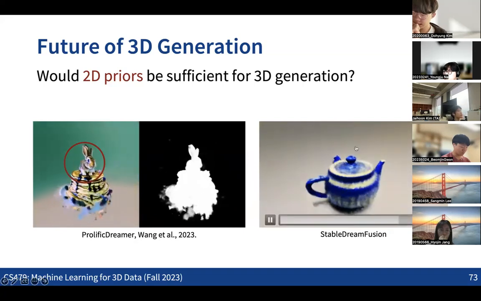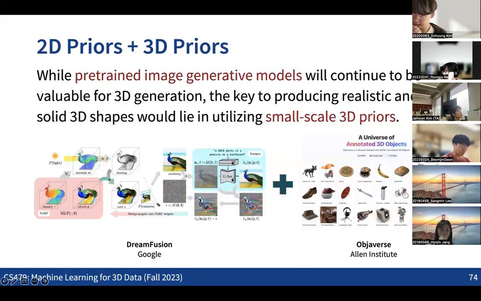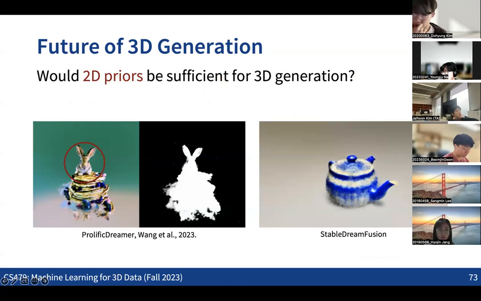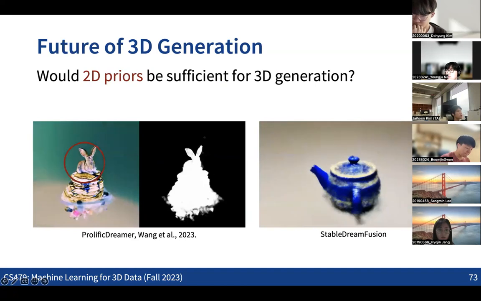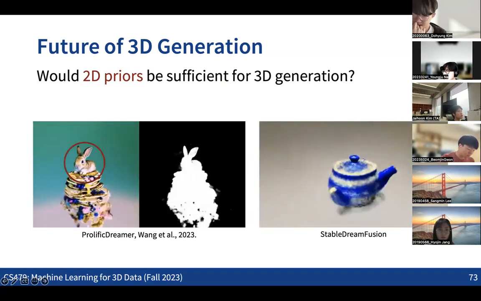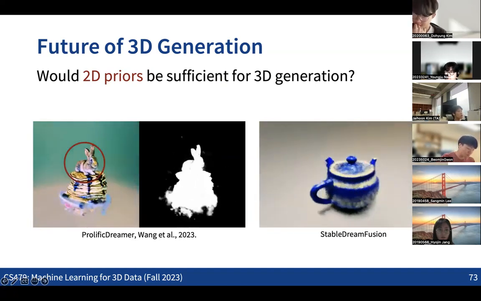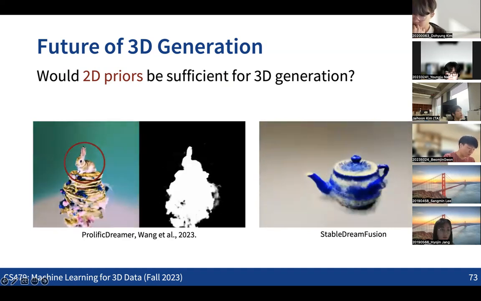So a future thing that we need to do for 3D generation might be that, while still utilizing the priors coming from 2D images, we might also need to somehow incorporate prior knowledge about 3D shapes in order to resolve these failure cases. By the way, these failure cases are very famous and have a name, the Janus problem, having multiple faces of the human face.